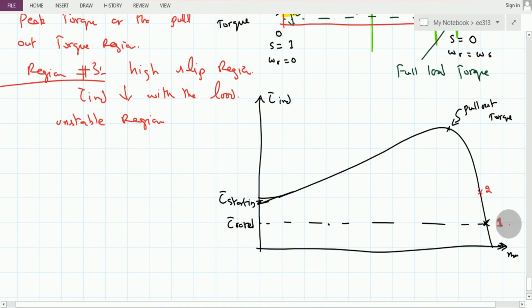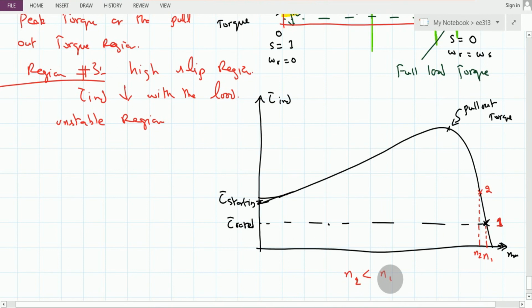At point number 1 we have N1, which is the speed of the motor. As the motor reaches point number 2, we have N2. Notice that due to the shift in the operating point, the new speed N2 is less than the speed N1.